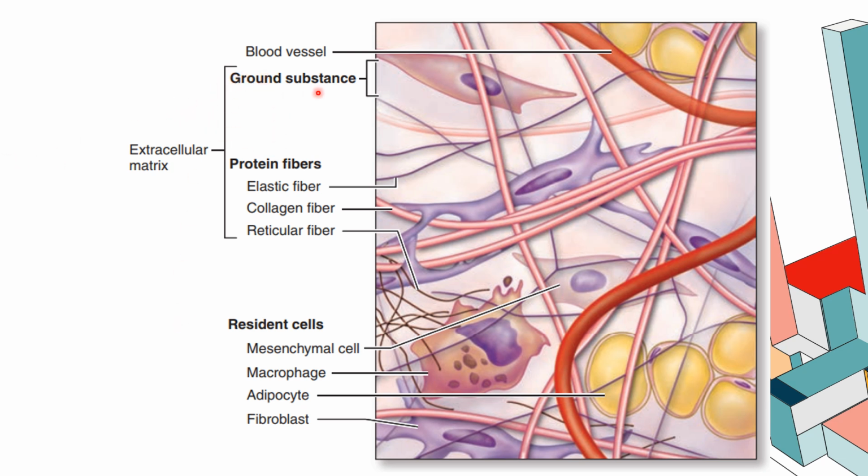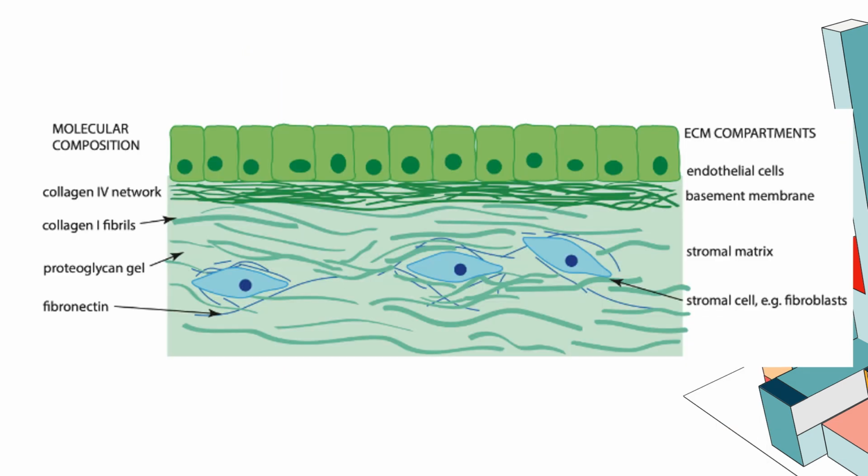This is a diagrammatic illustration of your extracellular matrix. Your ground substance is made up of glycosaminoglycans, proteoglycans, and multi-adhesive glycoproteins. Then you have your protein fibers: your elastic fibers, your collagen fibers, and your reticular fibers. And again, another illustration of your extracellular matrix.